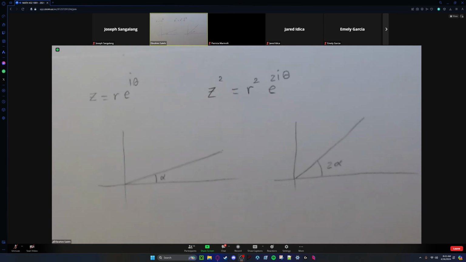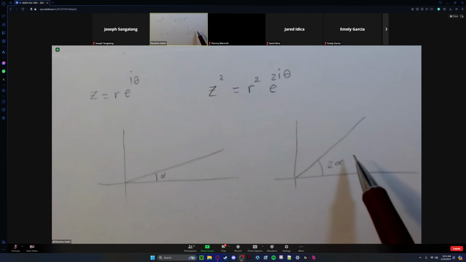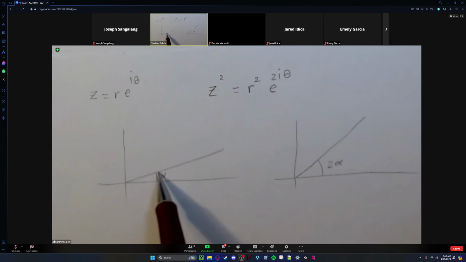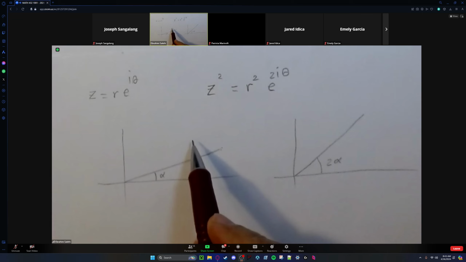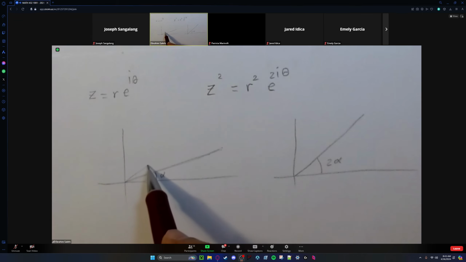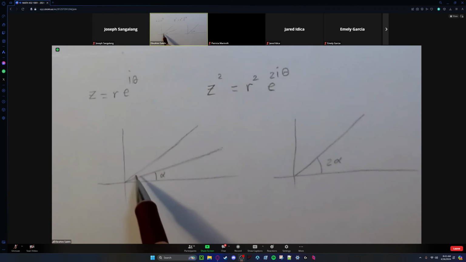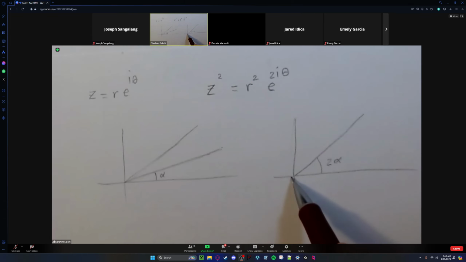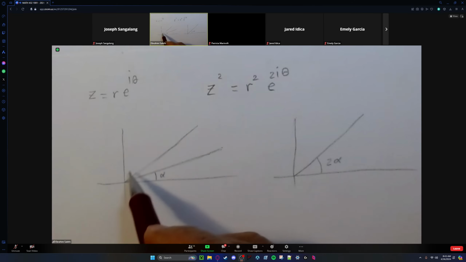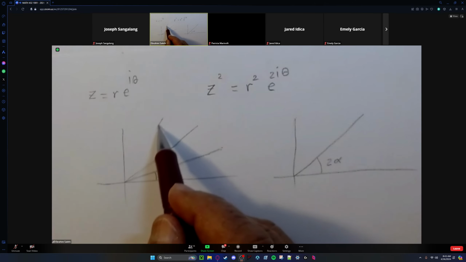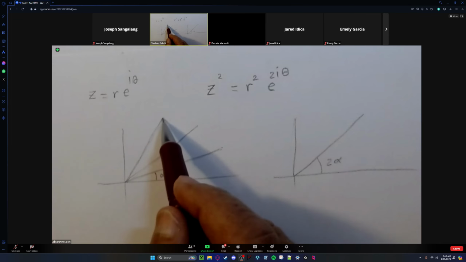This is, as I said, some very simple observation that will help you. Squaring converts this ray to this ray. So this 45 degree ray becomes, when you square it, pi over 2, this one. And so forth, right? This pi over 3 is 60 degrees.